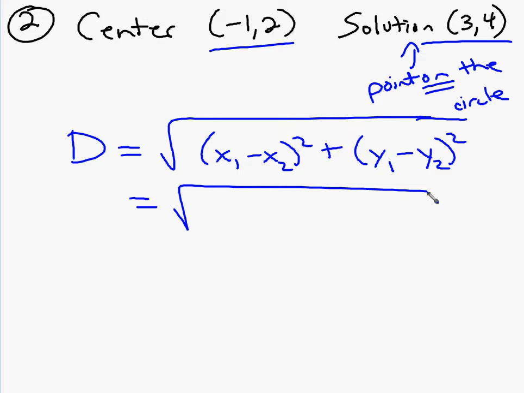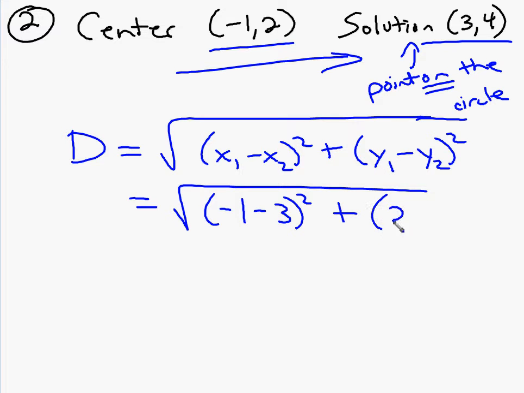So my x coordinates are negative 1 and 3. I'm going to work that way. So I'm going to have (negative 1 minus 3) quantity squared plus (2 minus 4) quantity squared. And I would not eliminate that step, everybody. You might be pre-calculus students, but all of us are prone to make mistakes.